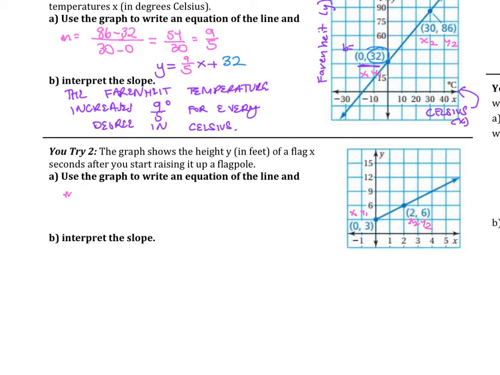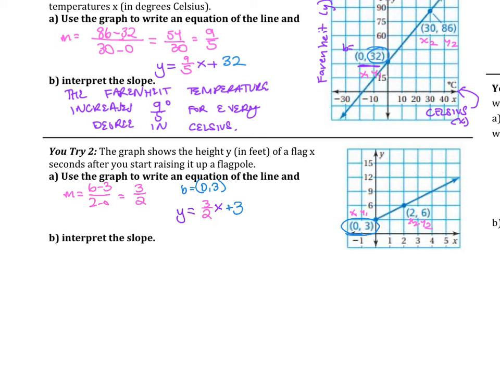So if we're trying to find slope, we can use slope formula, or you can use rise over run. I'm going to use the slope formula. So 6 minus 3 over 2 minus 0. We find this is 3 over 2. So that's slope. Our y-intercept is given to us right here. So b is 3. The y-intercept is 3. So our equation is y equals 3 halves x plus 3.